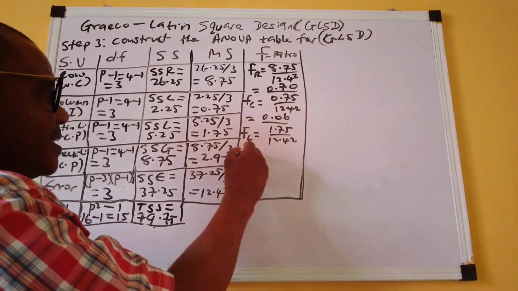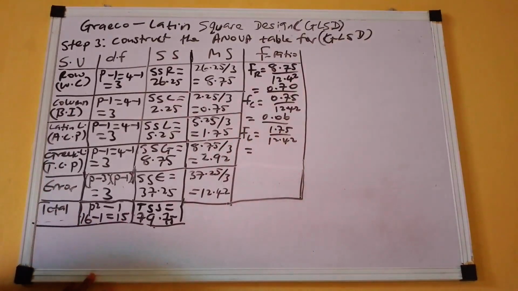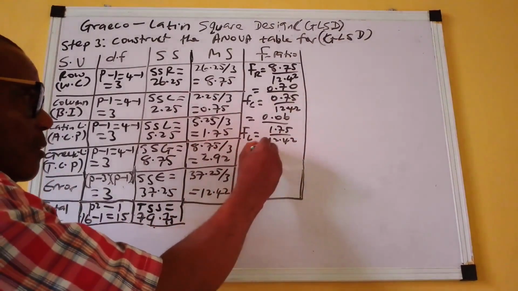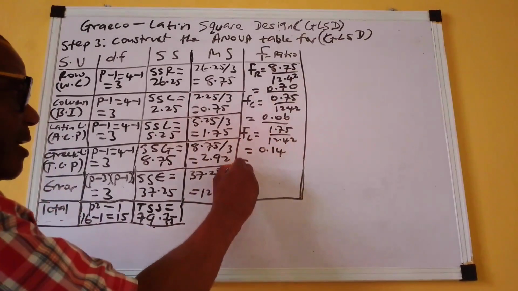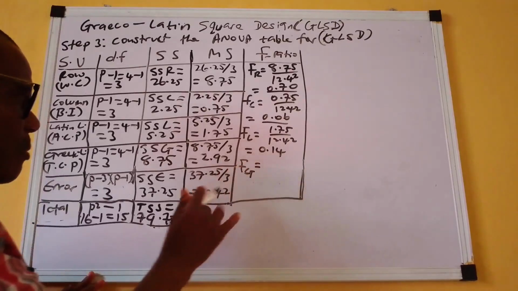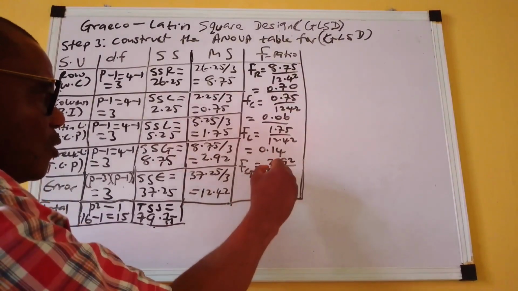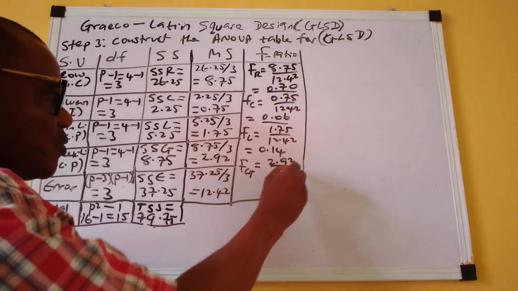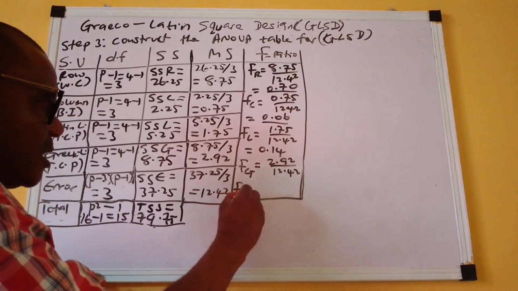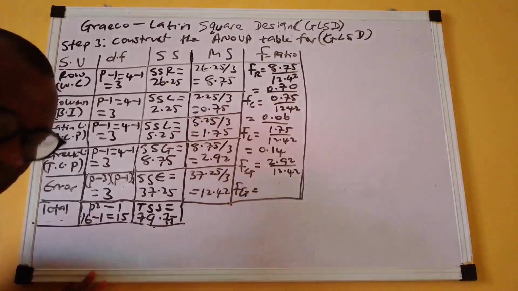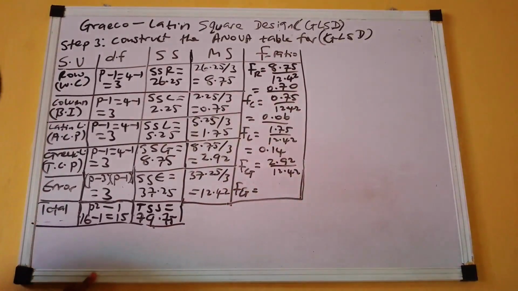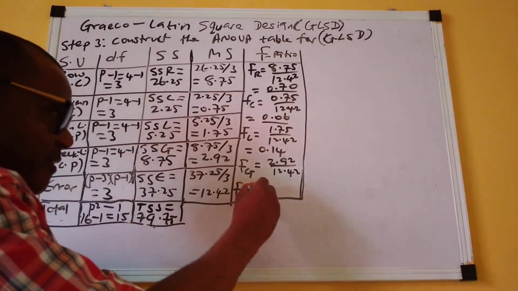So our F Latin letters will be equal to 0.14. Then our F Greek letters will be equal to 2.92 all over 12.42. So F Greek letters will now be equal to 0.235.